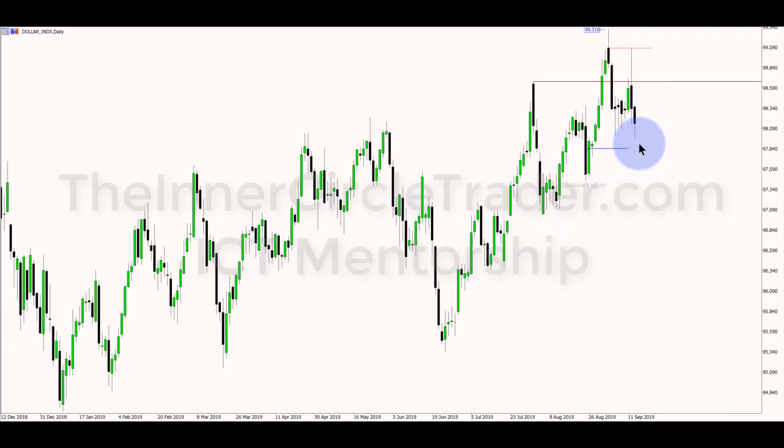And I think that may be punished this week for the dollar index. If we get a further breakdown below here, the imbalance in here and then the volume imbalance there, and then we have relative equal lows. So that would be an intermediate to longer term perspective on the dollar.